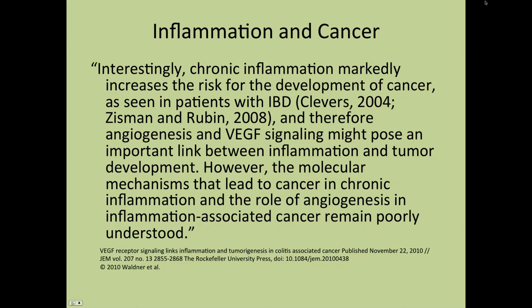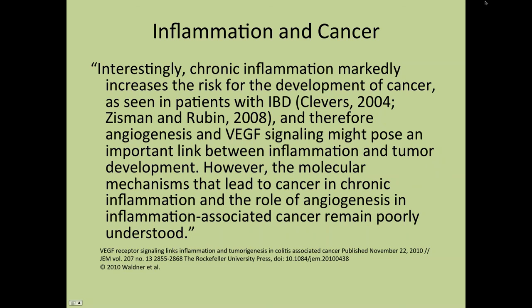So this is interesting, and I took this as a quote right out of Rockefeller University Press. Chronic inflammation markedly increases the risk of development of cancer as seen in patients with irritable bowel disease. It's interesting. I had an irritable bowel case in here, and a colitis case.